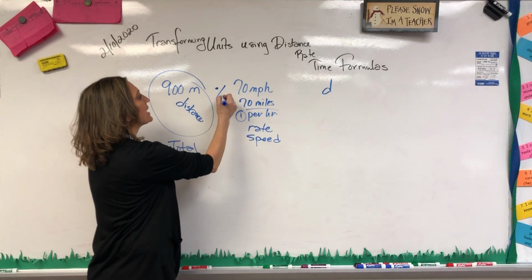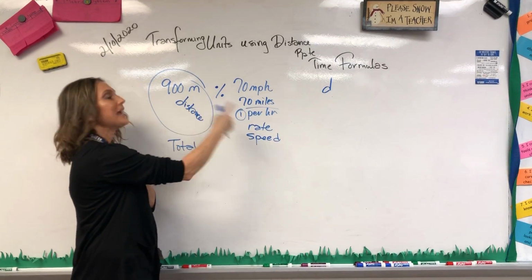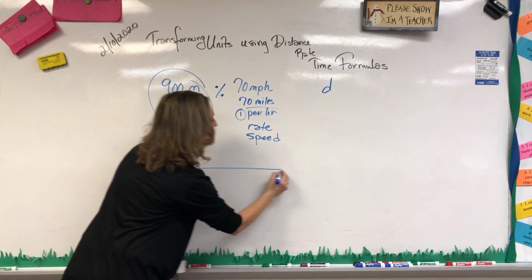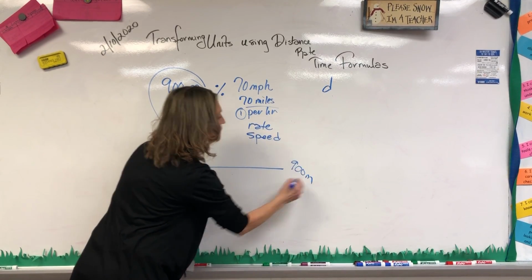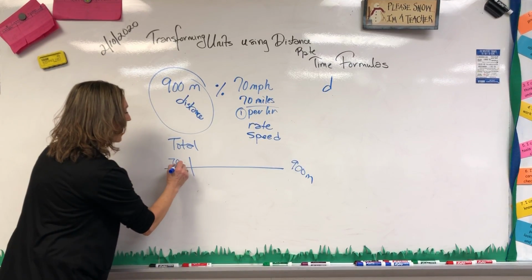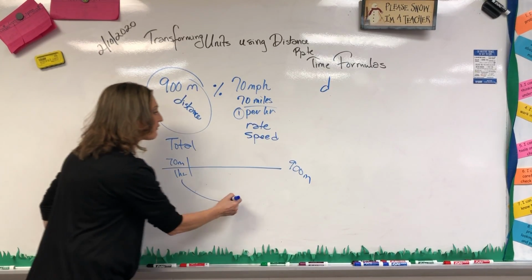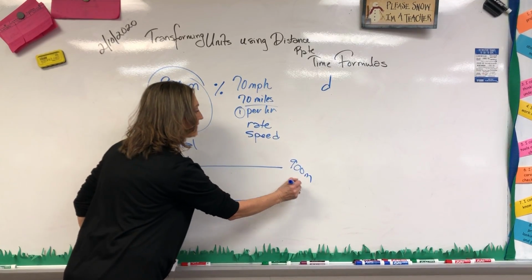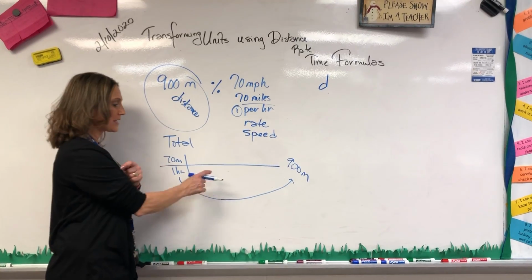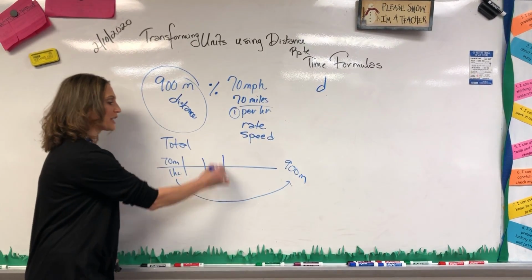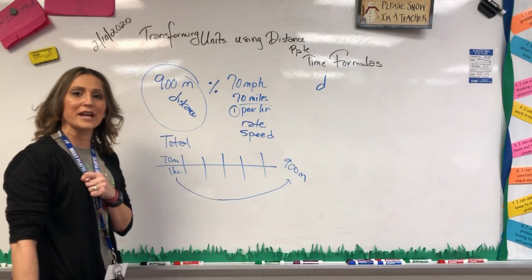Or do I want to divide that by 70 and then it would tell me how many hours it took me? I'm going 900 miles. Every 70 miles takes me 1 hour. If you visually see it, what you want to find out is how many of these 70 miles per 1 hour does it take for me to get to 900 miles? And that would explain to me how many hours I used.